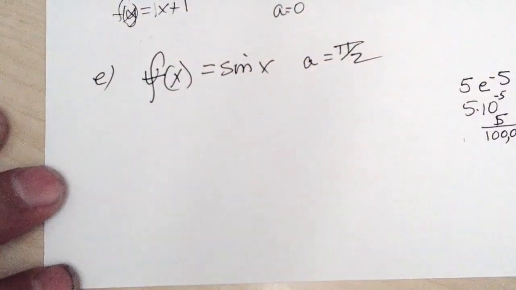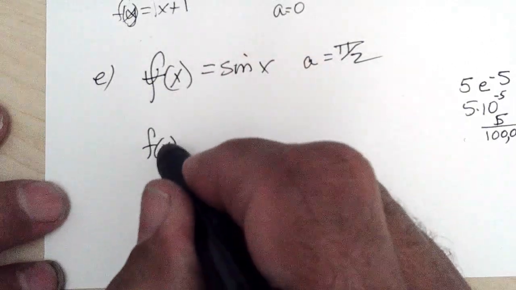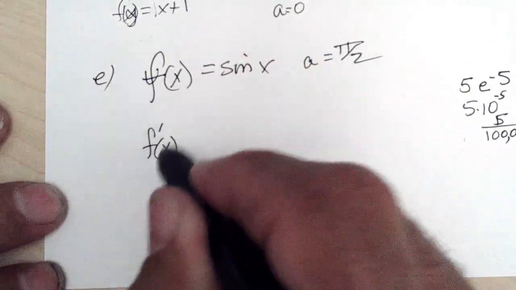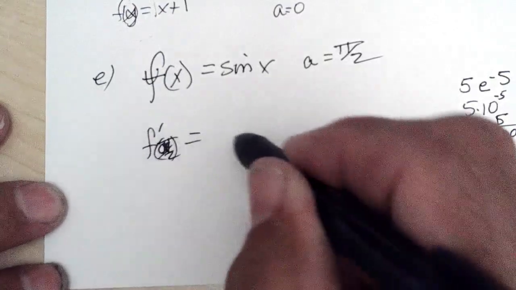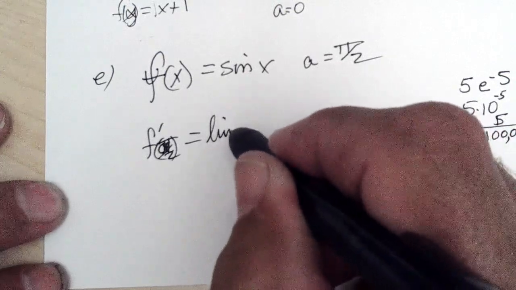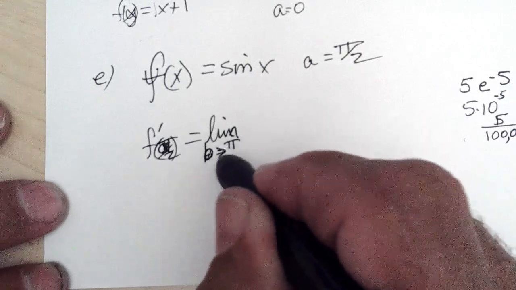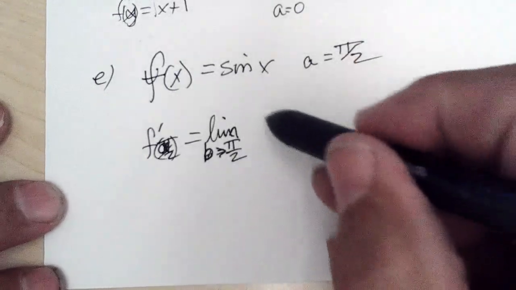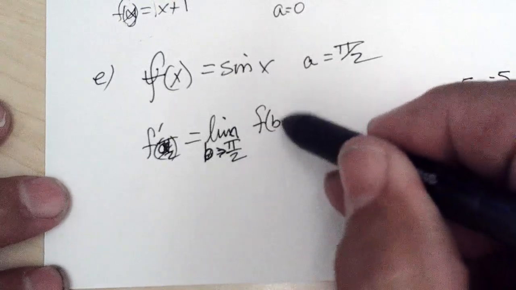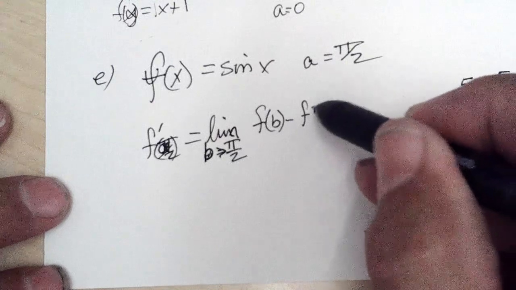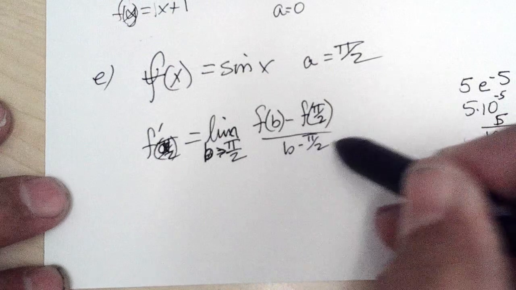And if you were to try to do this algebraically, f prime at a, or at pi over 2, would be the limit as b approaches pi over 2 of f of b minus f of pi over 2, over b minus pi over 2.